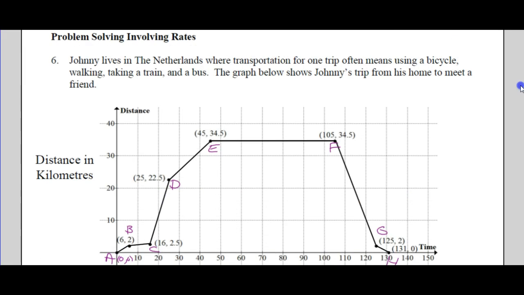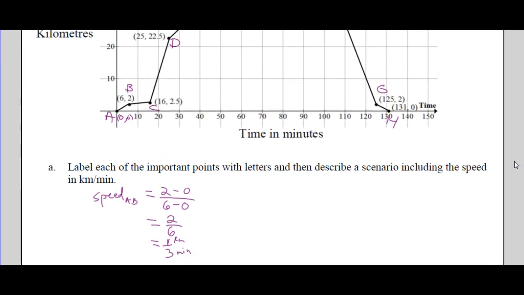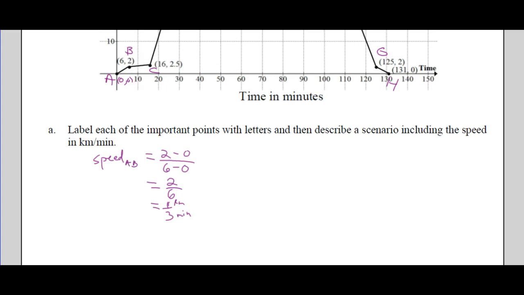Which of the following, bicycle, walking, train, or bus, could you be doing at 1 kilometer in 3 minutes? Probably bicycle, right? So he rode his bicycle from A to B.